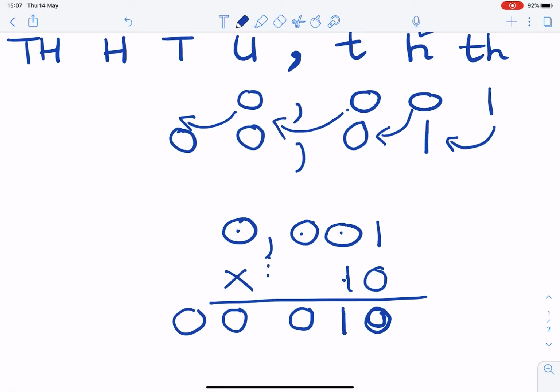And if I bring my comma down, you will see that my answer is 0,01. The 1 used to be in the thousandths column, and it is now in the hundredths column. So the number has grown bigger.